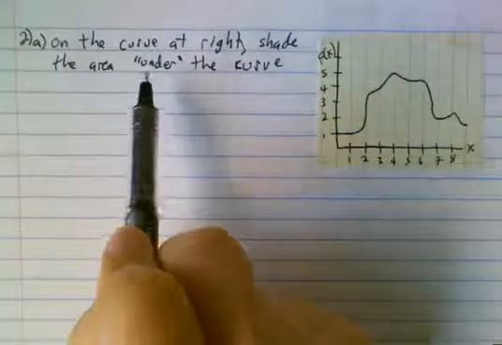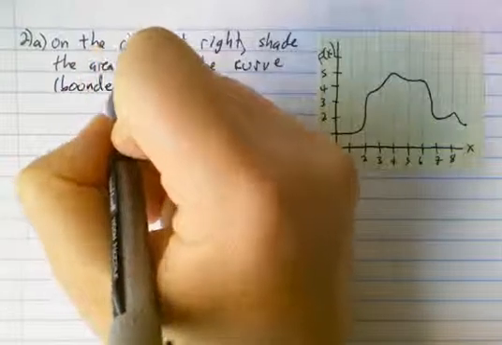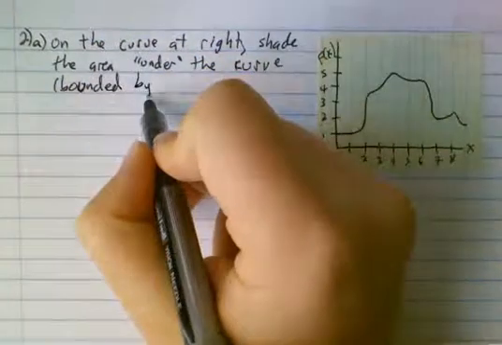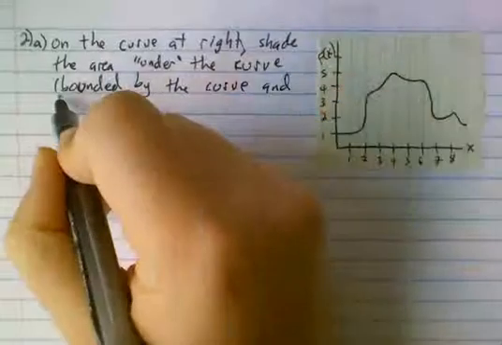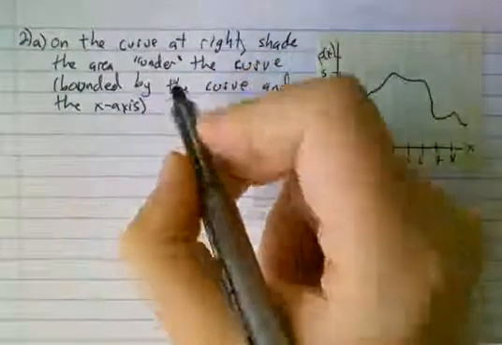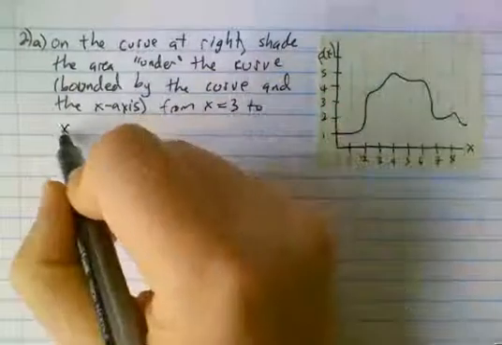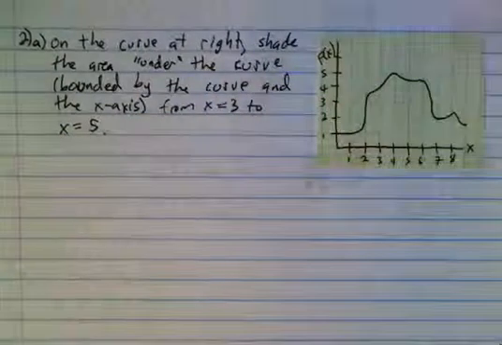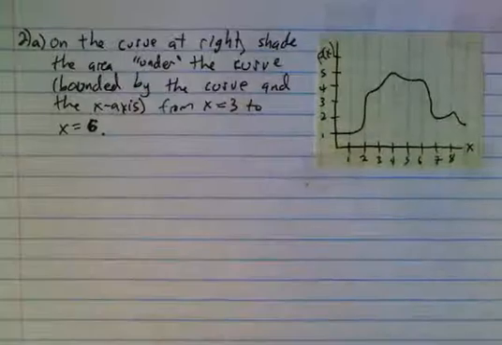You'll see this phrase "under the curve" a lot. It really means bounded by the curve and the x-axis from x equals 3 to x equals 5. Let's make that x equals 6 for kicks. 6. There we go.